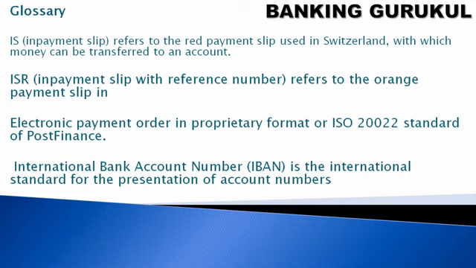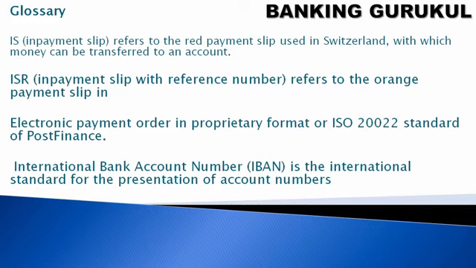IS, payment slip, refers to the red payment slip used in Switzerland with which money can be transferred to an account. ISR, payment slip with reference number, refers to the orange payment slip; the electronic payment order is a proprietary format or ISO 20022 standard of PostFinance.